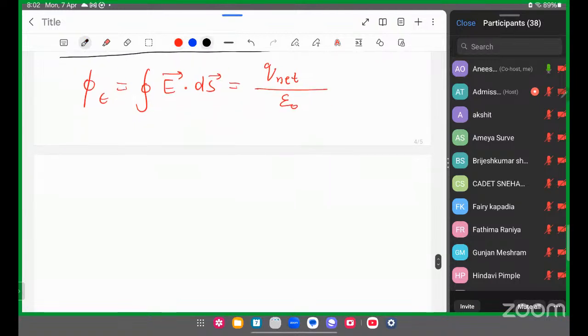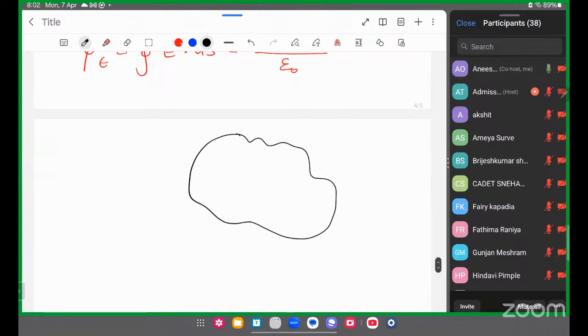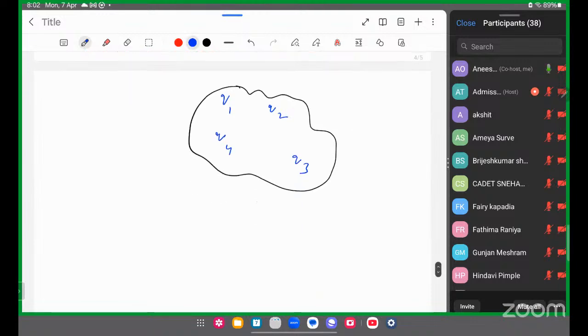So it means if we have a closed surface, and in that closed surface we have different amounts of charges, q1, q2, q3 and q4 and so on, then the net charge inside the surface will be the summation of qi, i from 1 to n.